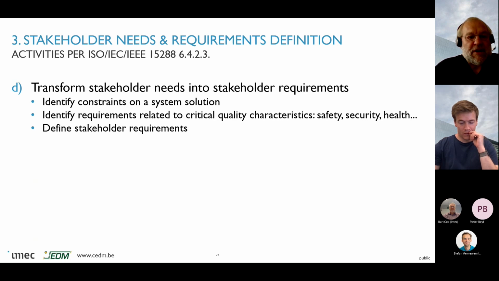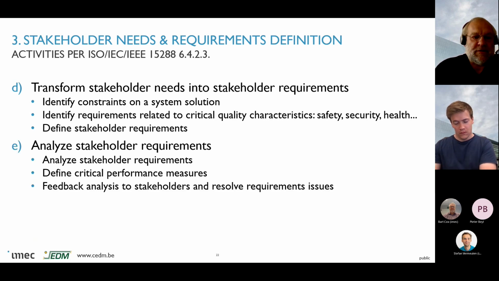For this transformation, we have to identify the constraints on the system solution. We have to identify the critical quality characteristics, things like safety, health impact, security, reliability, robustness, which are important. We need to address those, and then we can define the stakeholder requirements.